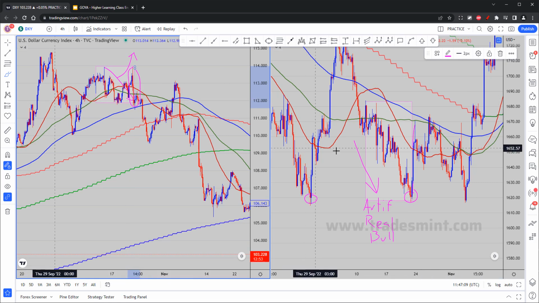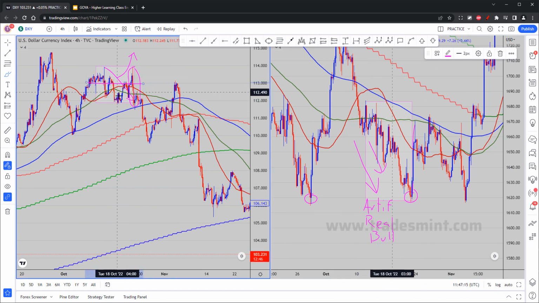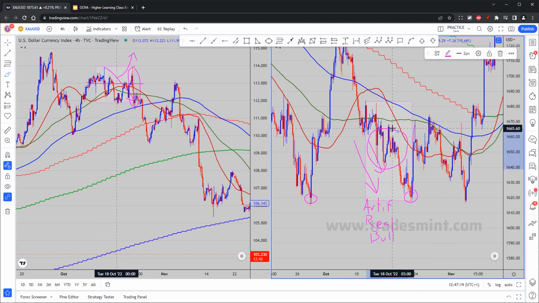So if I see that the market is pushing down, and while it's pushing down, I see DXY not moving or slightly pushing down, I know that this movement is artificial, unnatural. So I'm not going to be looking to enter shorts because I know that the intentions, on the contrary, are going to be long.